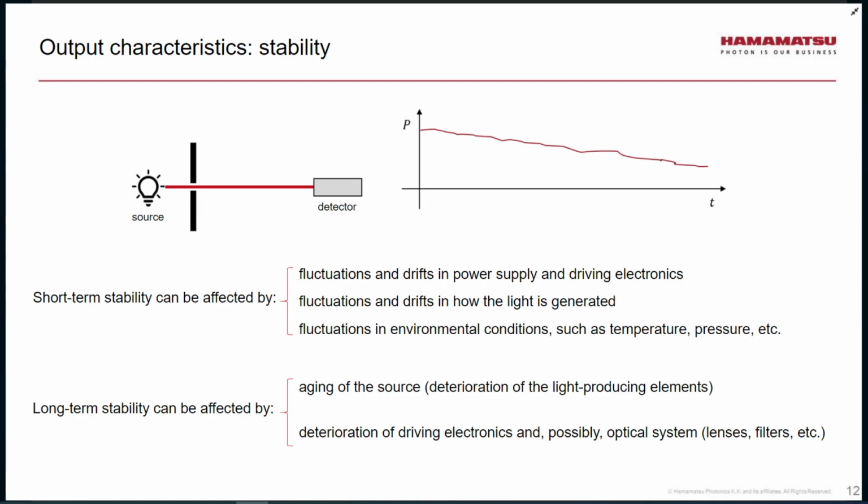And so there's an entire universe of possible reasons why you could have variation on the short and long term. I'll mention a few in the presentation. One important effect is the environmental conditions, for example, and importantly, temperature.